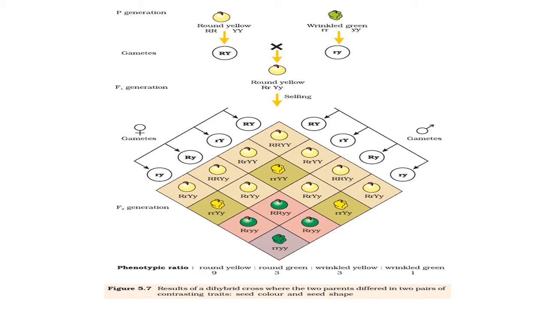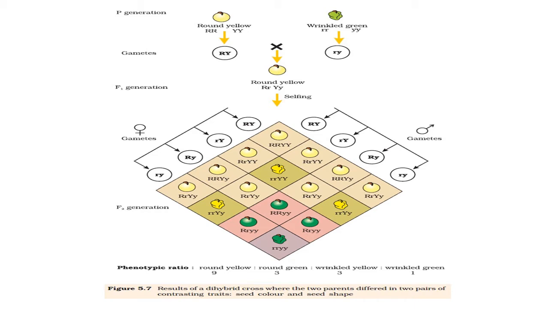At the time of reproduction, when gametes are formed, meiosis, reduction division, takes place. From the genotype capital R capital R, capital Y capital Y, the gamete formed has the genotype capital R, capital Y. From the other parent, with wrinkled and green characteristics, the gamete formed has the genotype small r, small y.